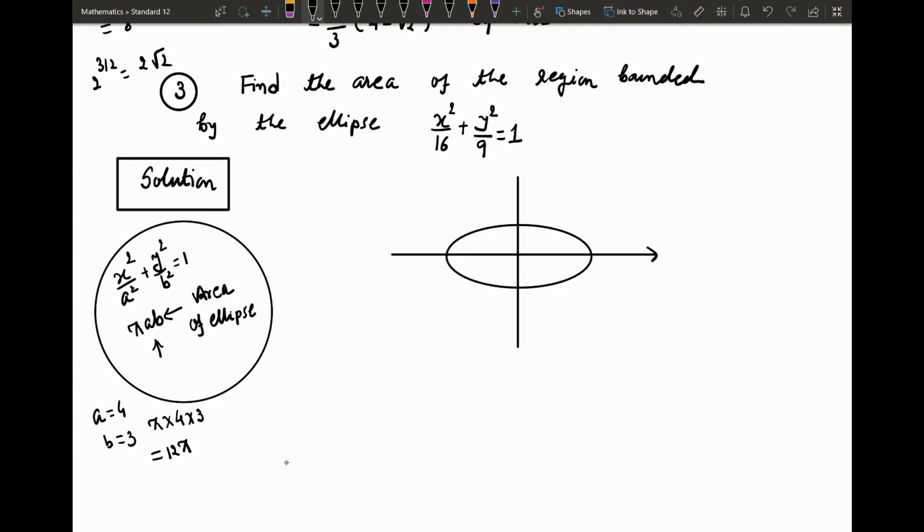So the entire region consists of 4 equal portions. Say if we denote this by alpha, then it is enough to find the area of alpha. Then to get the total area, we will multiply it by 4 times. So we will get the area of the entire ellipse. So now we will focus on how to find the area of alpha.